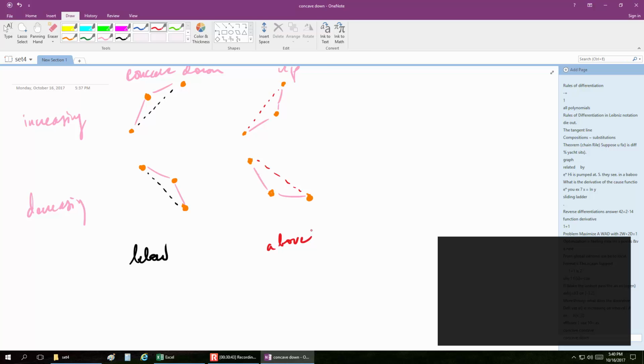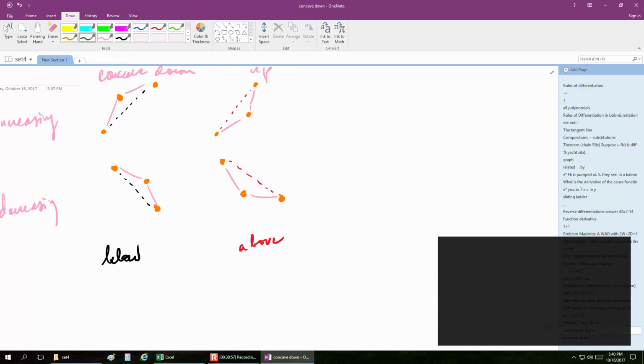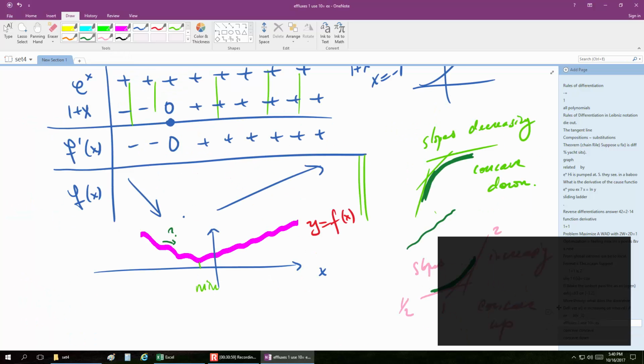Now we're using the second derivative. We know what it means in terms of concavity. We have a rough picture, and we also have the definition, literally decreasing or increasing of the slopes, and we can apply that to the examples we just had and really get rid of those wiggles.